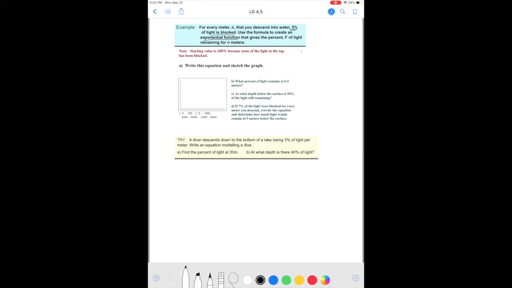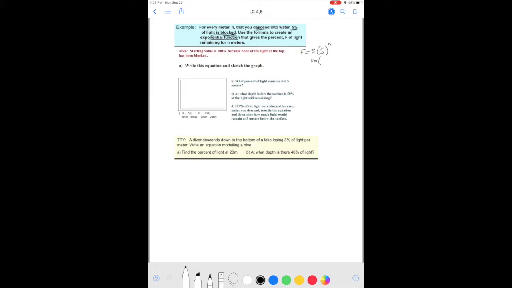Okay, so we know it's light intensity, so I just mentioned earlier we use this sort of template. Now, what do we start off with? We can start off with 100%. Just remember, when you're at the surface, 100% of the light is hitting you. Now, it says we are descending and we're going into the water and 5% is blocked.